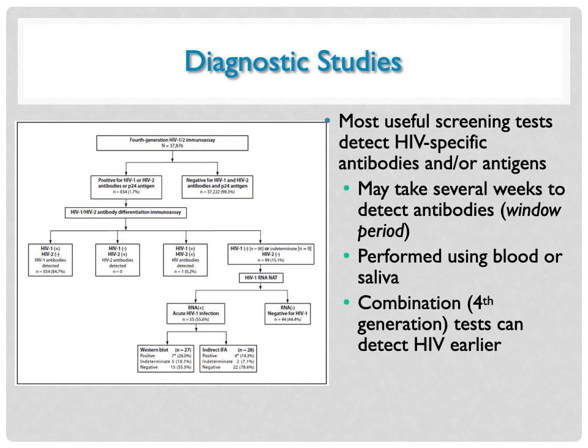So the diagnostic studies, the most useful screening tests are HIV-specific antibodies and/or antigens. Some of these may take several weeks to detect the antibodies, and during that period, we call it the window period. When we say it may take several weeks to detect them, we're not saying that from when I draw blood or take a sample and test it, it's going to take several weeks to get the result of the test.